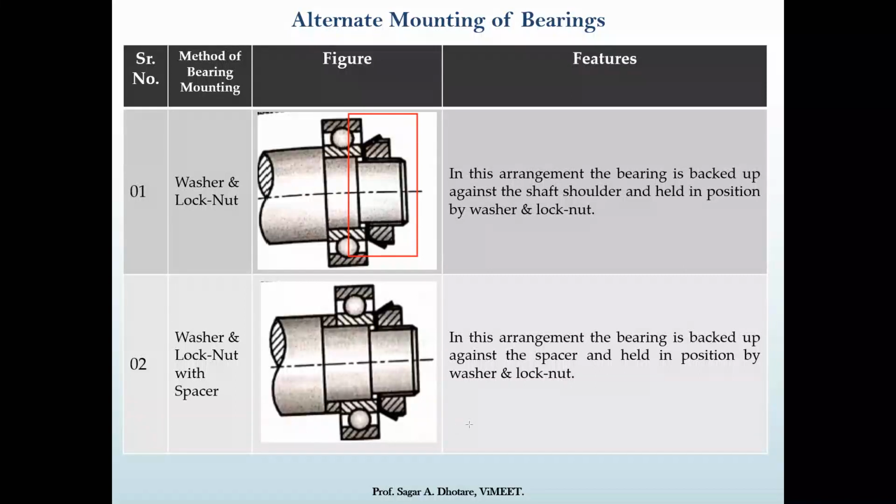In the second case, the washer and lock nut with a spacer arrangement is provided. In this arrangement, the spacer holds the proper position and helps hold the washer and lock nut in position, which is shown in the figure.